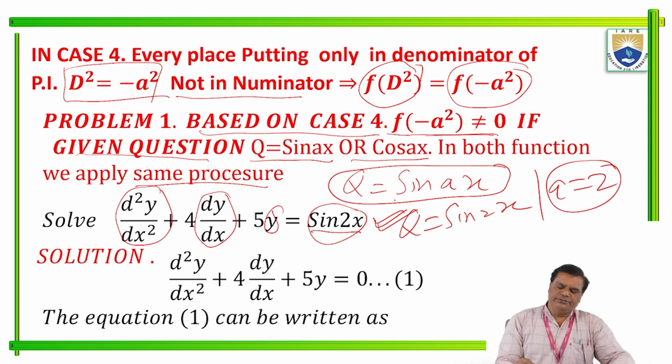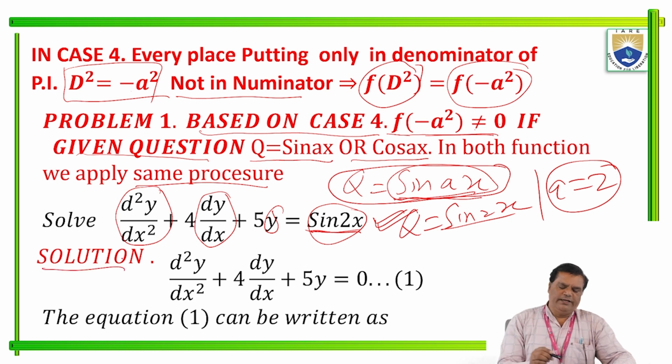In the general question, there is the function sin ax. But in our given question, a is a number: sin 2x is given. After comparing sin ax with sin 2x, we get a is 2.